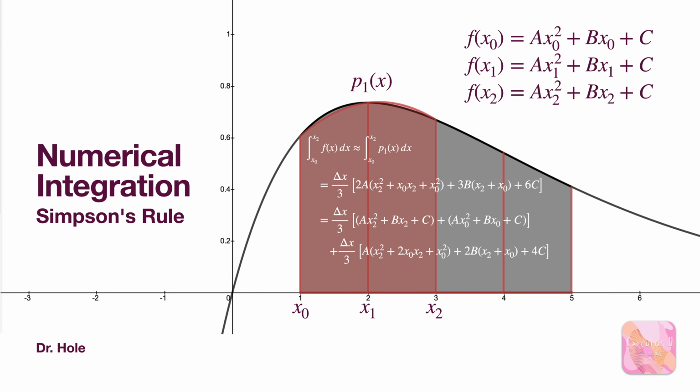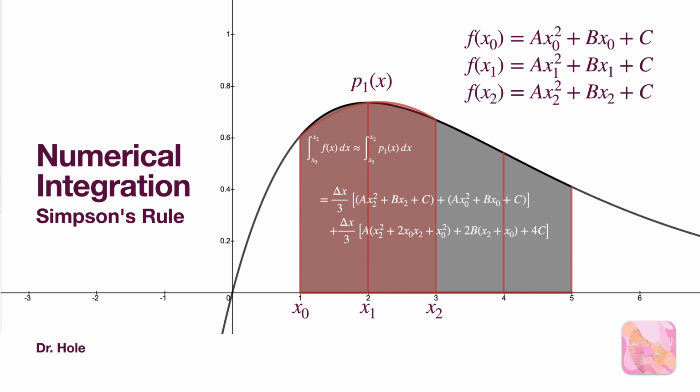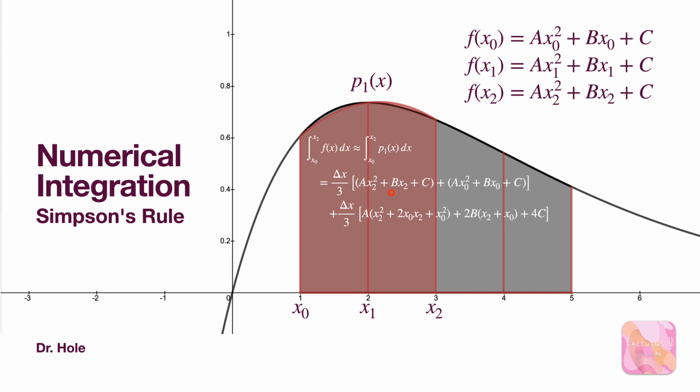All right, well, why would we do that? Well, take a look. This first trinomial is, in fact, f at x2. And the second trinomial is f at x naught. Fantastic. Let's make that substitution for f at x sub 2, and then f at x naught.